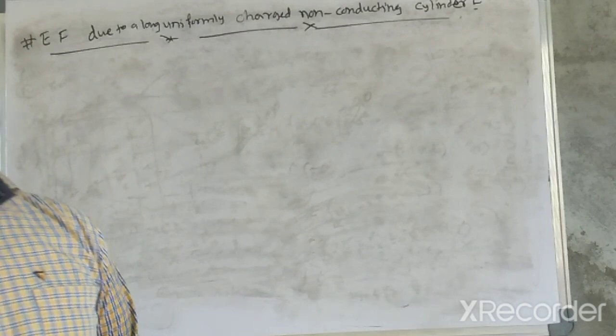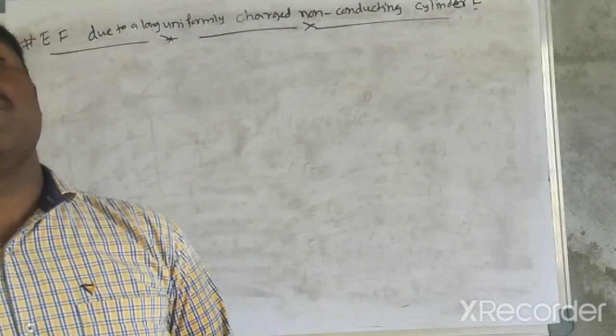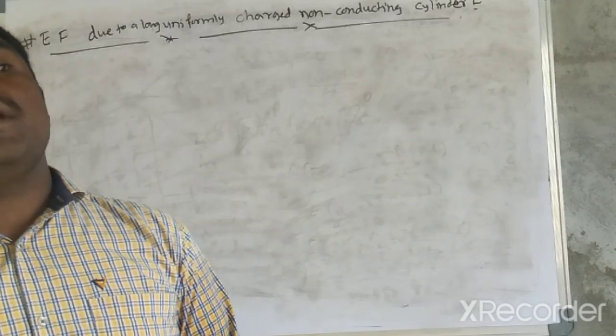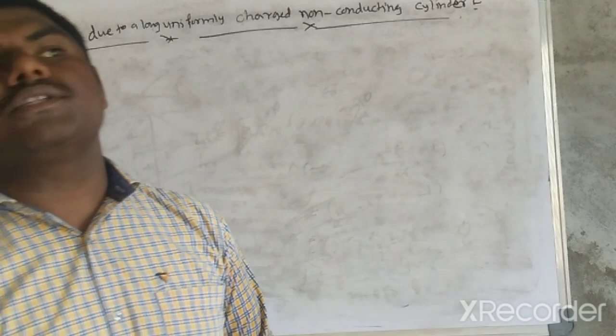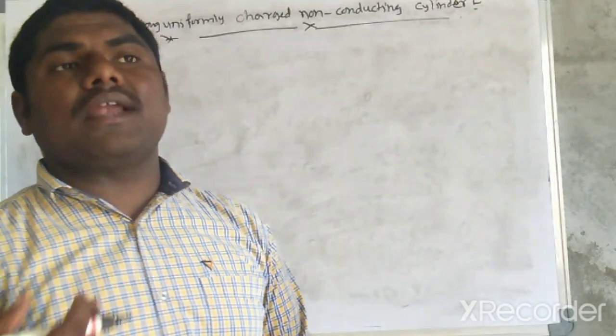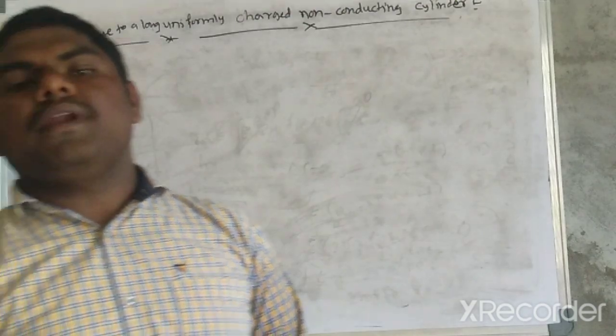Since this is three-dimensional, charge density is charge by volume. In SI units, charge is coulombs and volume is meter cube, so coulomb per meter cube.